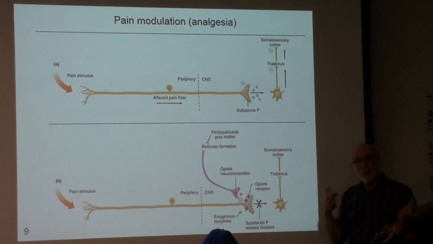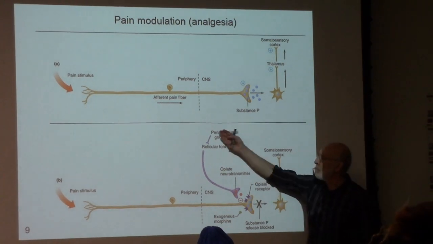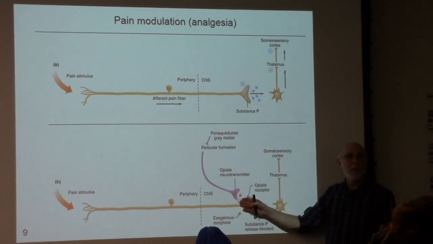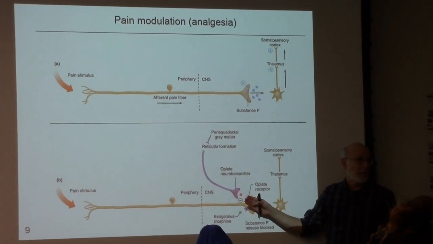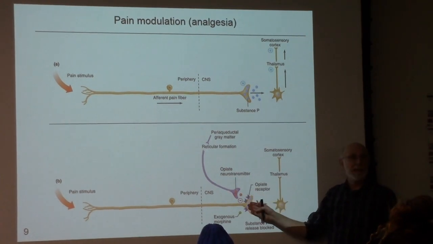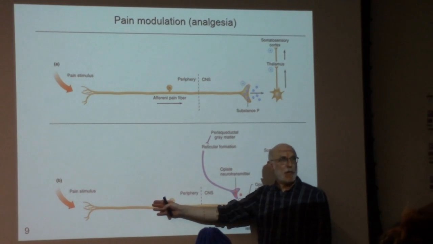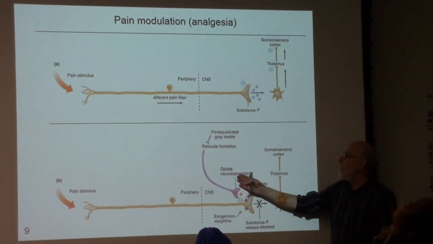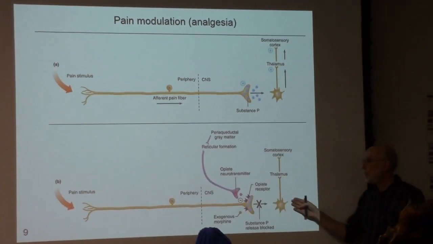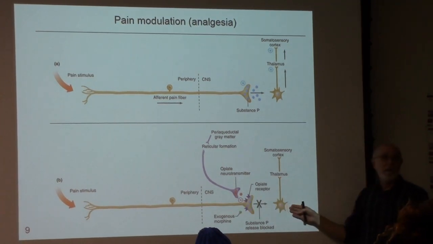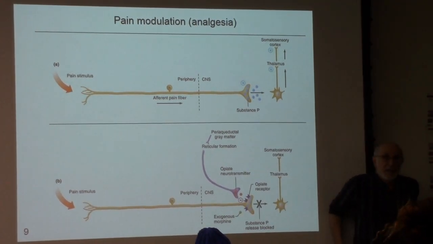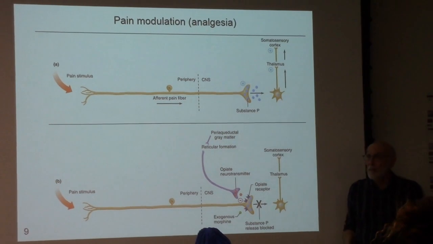Okay, so I'm using the fundamental concepts of presynaptic inhibition, in this case, axo-axonic inhibition, to describe how endogenous opioid neurotransmitters, enkephalin and endorphins, modulate the release of pain neurotransmitters, glutamate and substance P.